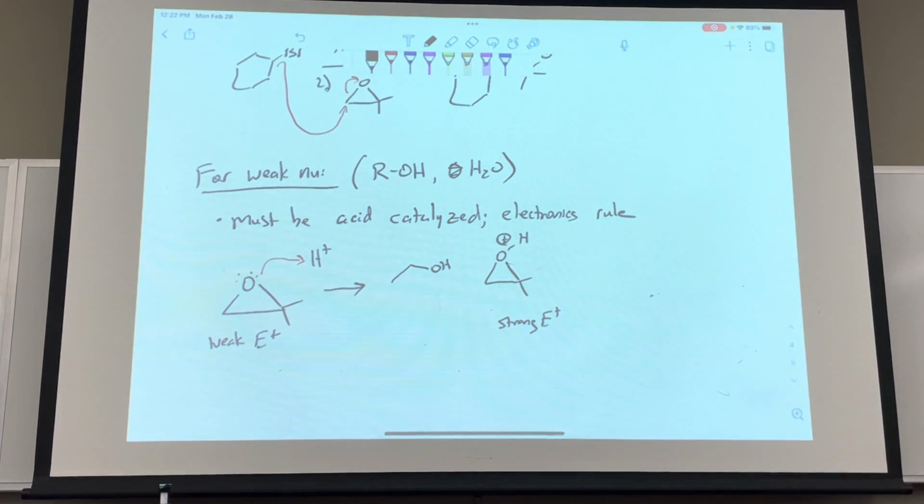So if I were to try to quantify this in some way, I could maybe draw a delta plus there, but a delta plus plus there, because there's going to be more charge developed at the more substituted position. And hence, that is where the nucleophile is going to attack.